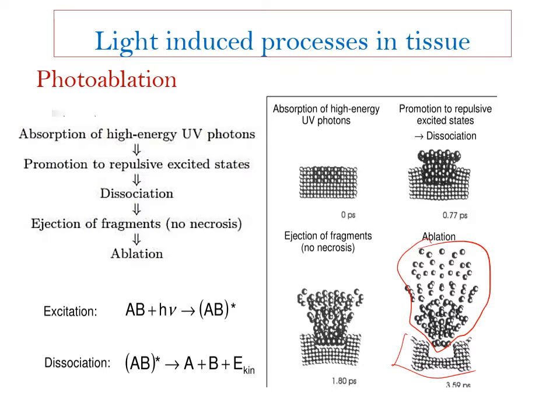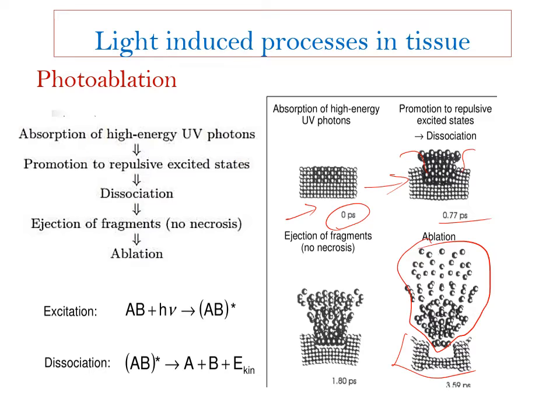So depending on the length of the interaction of light with the tissue, different processes occur in photoablation. Initially, when the photons get absorbed by the tissue, the result will be the promotion to a repulsive excited state that results in dissociation, which occurs around 0.77 picosecond.